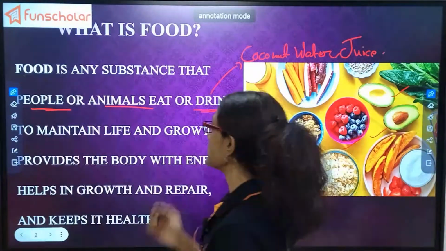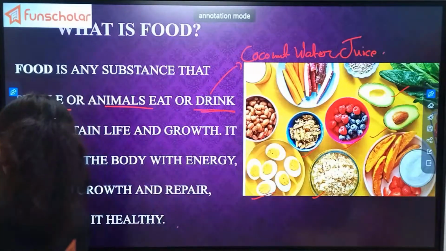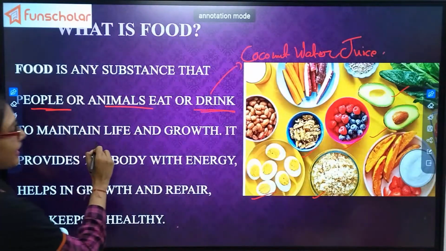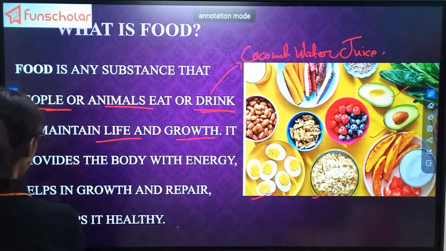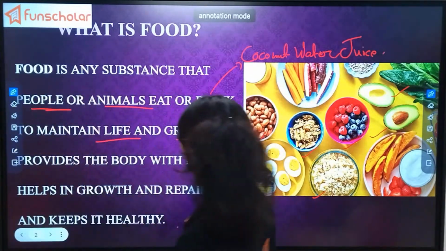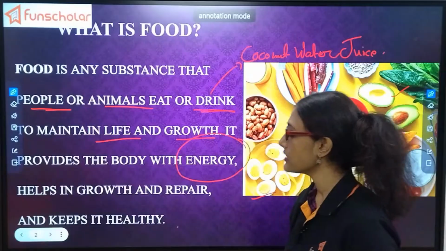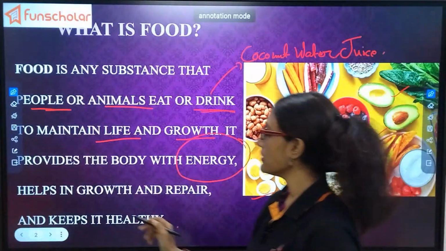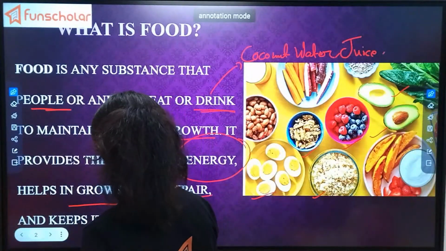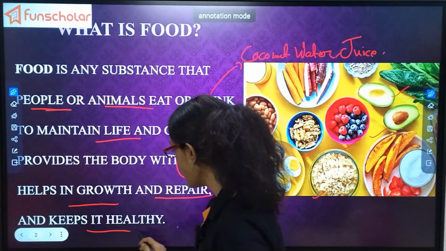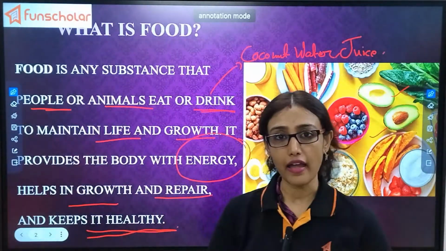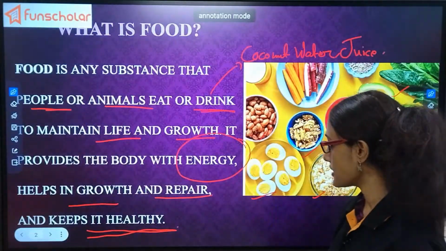So these are what? This also comes under food. To maintain life and growth, it provides the body with, I have already told you what, energy, helps in growth and repair and helps us to keep healthy. This also I have told you in previous slide.